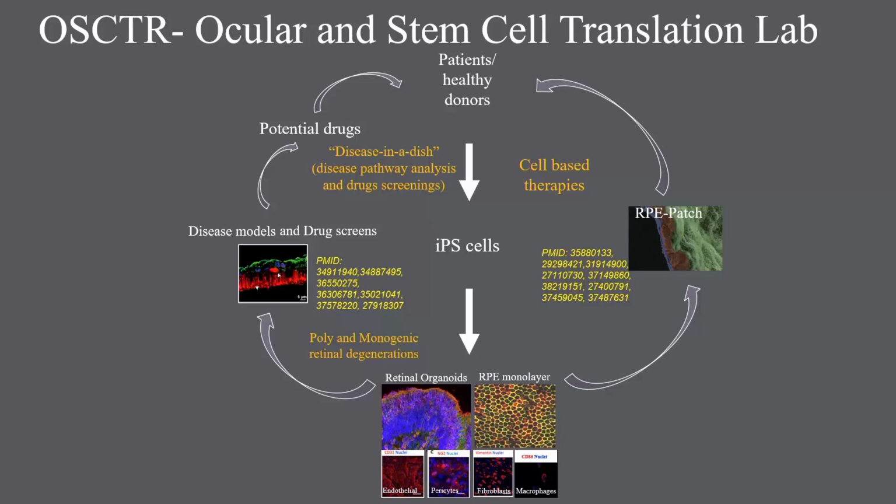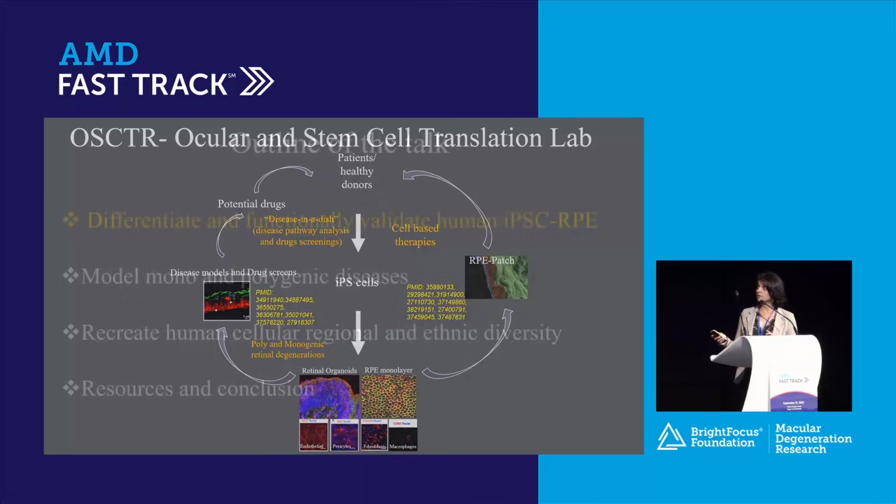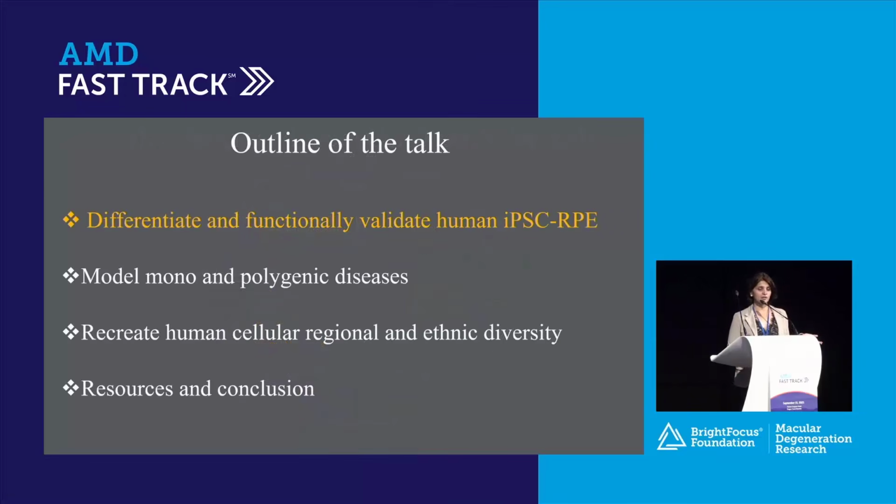So as you can see in the bottom of this schematic, we make a variety of tissues. We make RPE monolayer. We recently got into retinal organoids, thanks to our postdoc Andrea Baravino. And we also make cells for choroidal capillaries, which you heard from Ron Mullins, and we also make cells for macrophages. So this is going to be the outline of my talk. I will show how we've optimized this protocol.